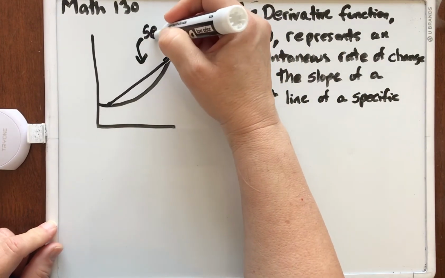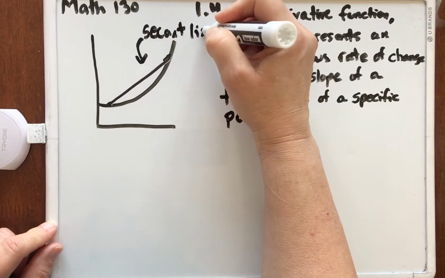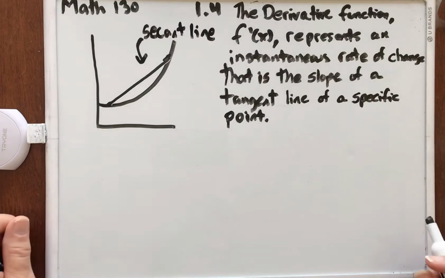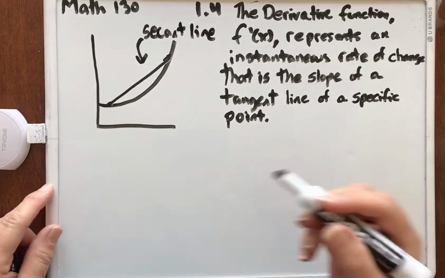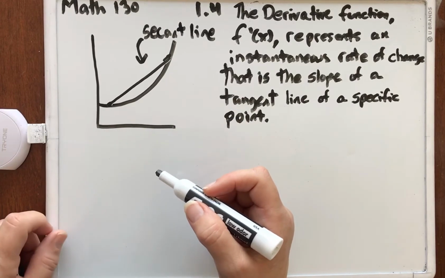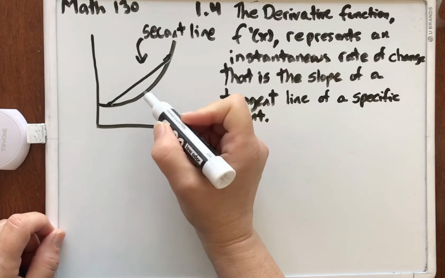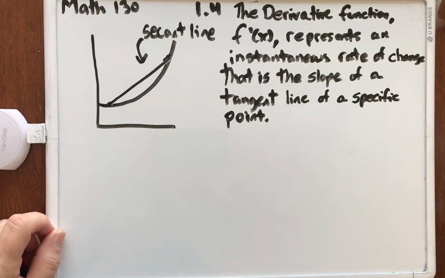Secant. That's a secant line. Now, if we want to know the instantaneous rate of change at this point right here, we can figure that out using derivatives.